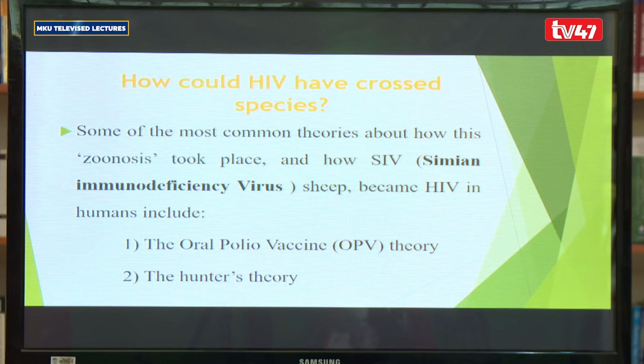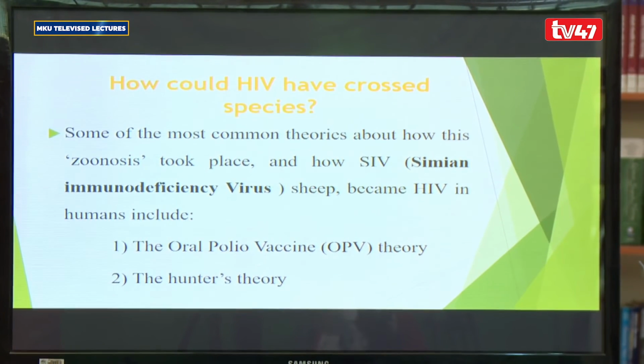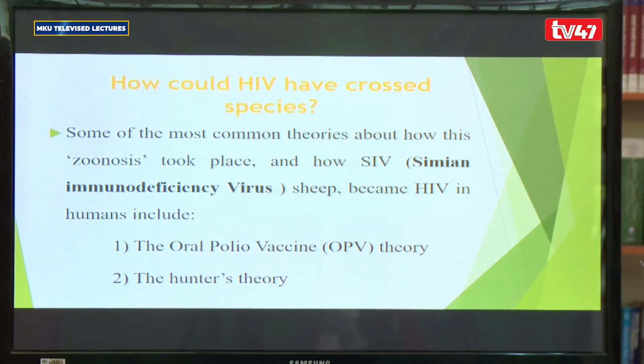Some of the most common theories about how this zoonosis took place, and how these simian immunodeficiency viruses became HIV in humans, include the oral polio vaccine theory. Remember, this polio vaccine is also a theory whereby orally you take the polio.